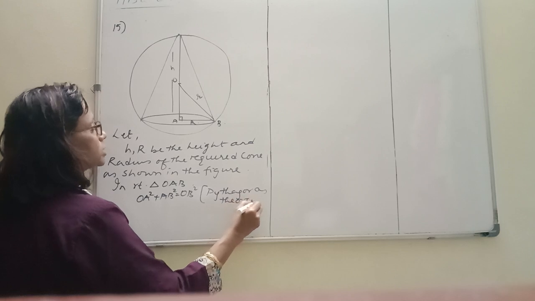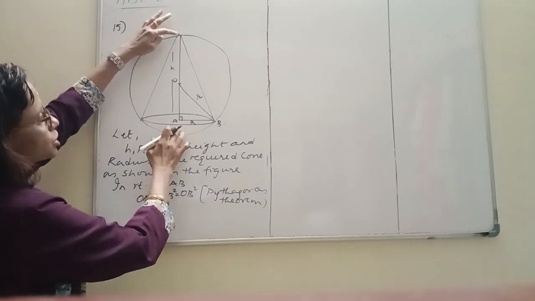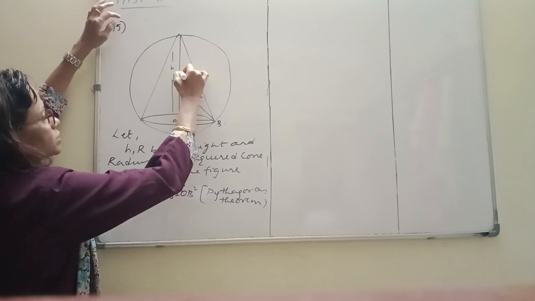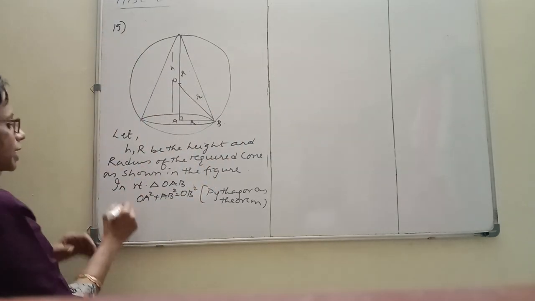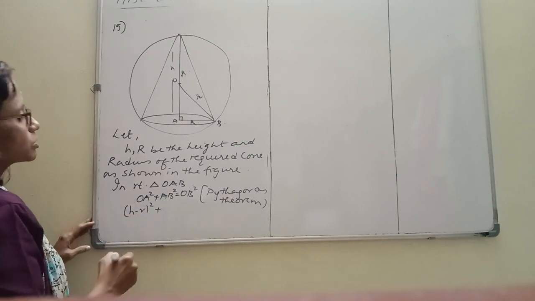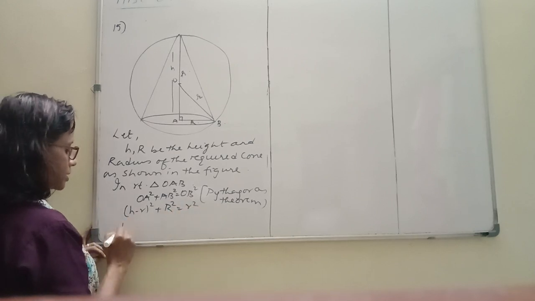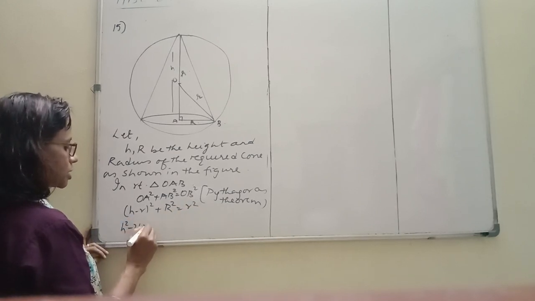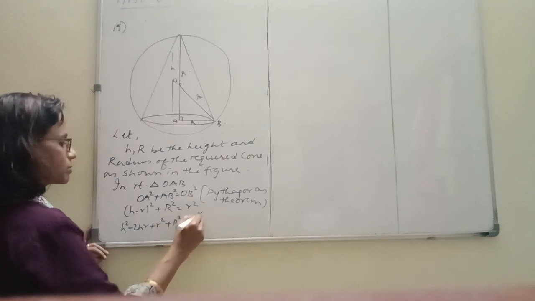Now it's very clear to us that this entire length is h, and the radius of the circle is r, so this much part is r. So OA is going to be (h minus r) the whole squared, AB is going to be capital R squared, and OB is going to be r squared. Let's expand this: h squared minus 2hr plus r squared equal to R squared.